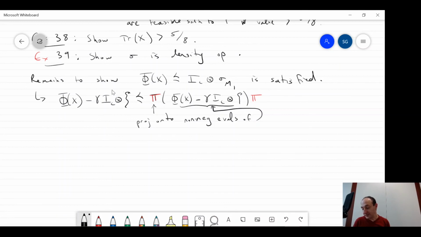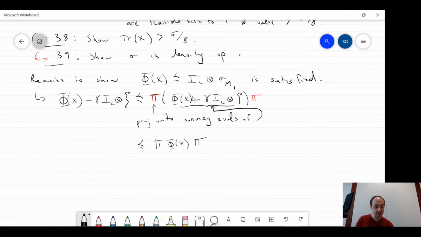Okay? And then the next thing we do, I claim that this thing will be at most pi phi of x pi. Okay, and this one's a little bit easier to see, just because all I've done is I've thrown out the second part, right? This identity tensor zeta. And why can I do that?